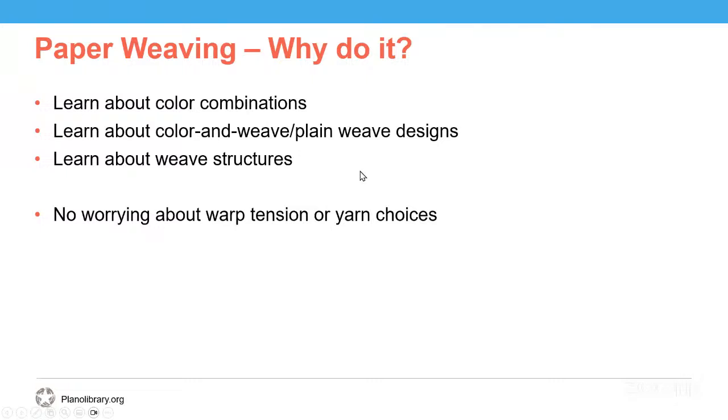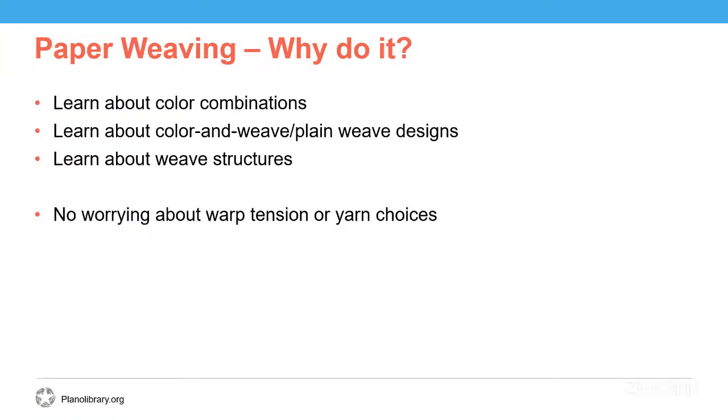I am actually going to highly recommend, if you are starting off with weaving, to do paper weaving first. Paper weaving has lots of benefits. You get to learn about color combinations and see what colors work together and which ones don't. Paper weaving is much faster than traditional weaving because usually the strips of paper are at least a quarter inch thick, whereas a thread is much thinner than that, of course.